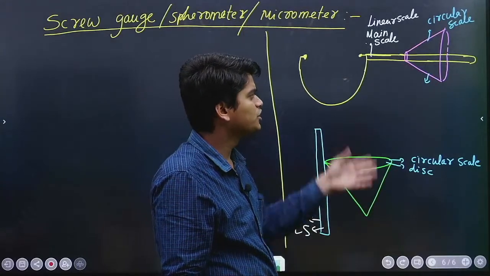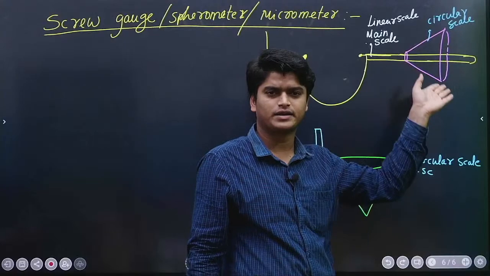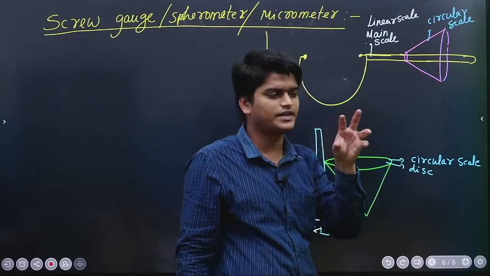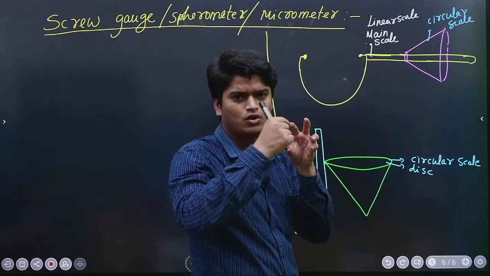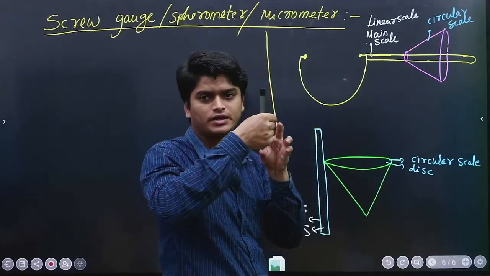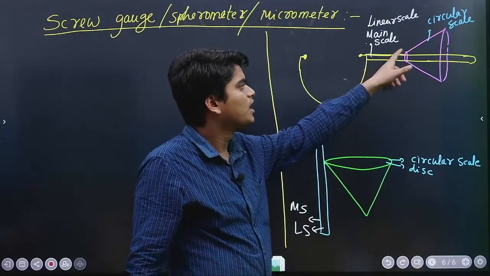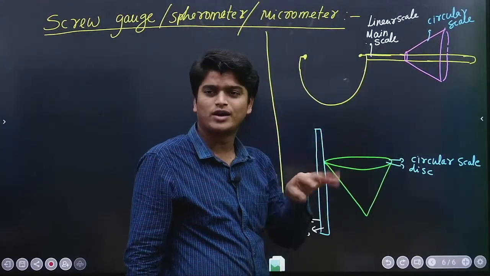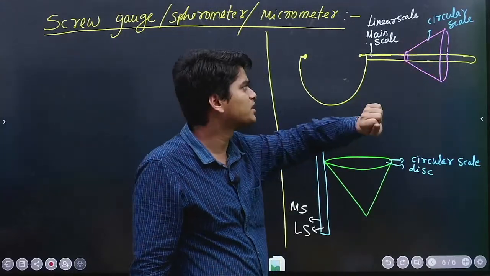Some 1 to 100 marking will be on the circular scale. It is like a disc, with circle-wise marking at the same interval, the same gap. Whether it is 1 to 100 or 1 to 50 will be mentioned in the question, the total divisions on the circular scale.